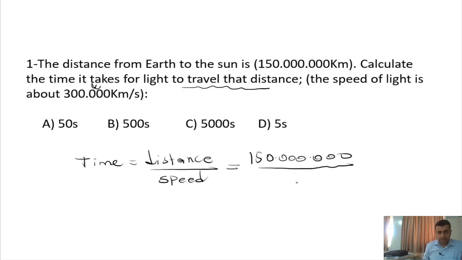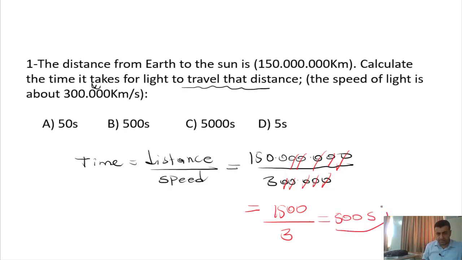What is our speed? 300,000 kilometers. So when we cancel 0, as you see here, that means 1500 over 3, it is going to be 500 seconds. So the answer will be B.